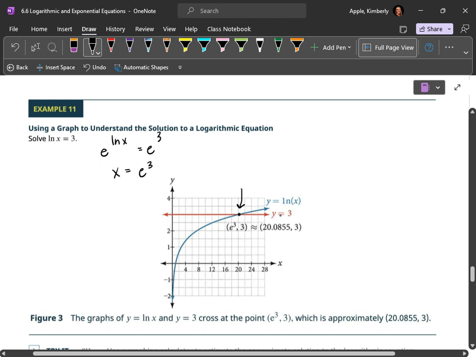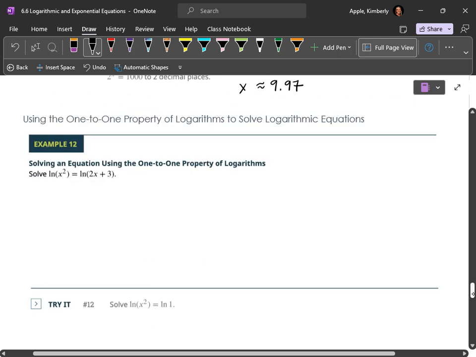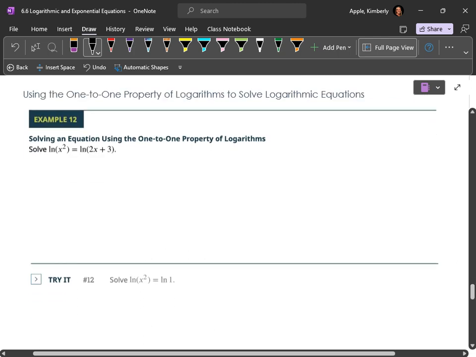So our solution is x equals this value. All right. If you want to give it a try for number 11, you should obtain that x is approximately equal to 9.97.